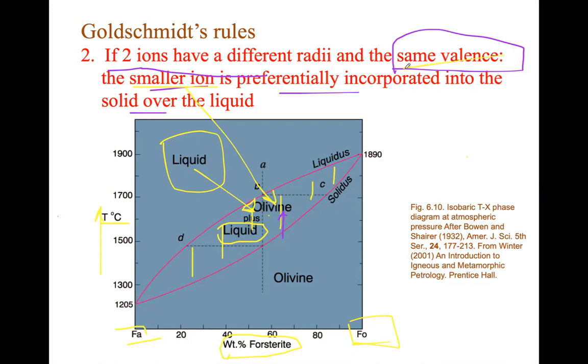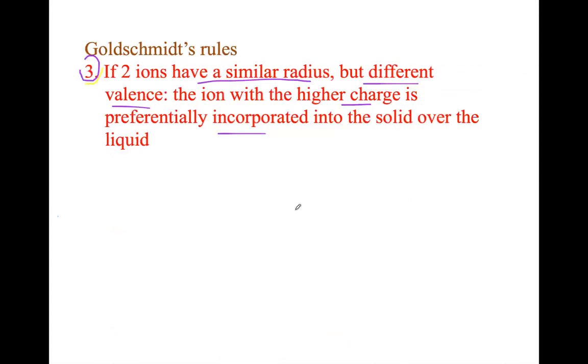In the case of the same valence, what happened? The small ion, that means the lower ionic radius bearing element, goes to the solid. But in the case of similar size ions, the higher charged ion will go into the solid phase. Okay, so the higher charged one will go to the solid over the liquid.